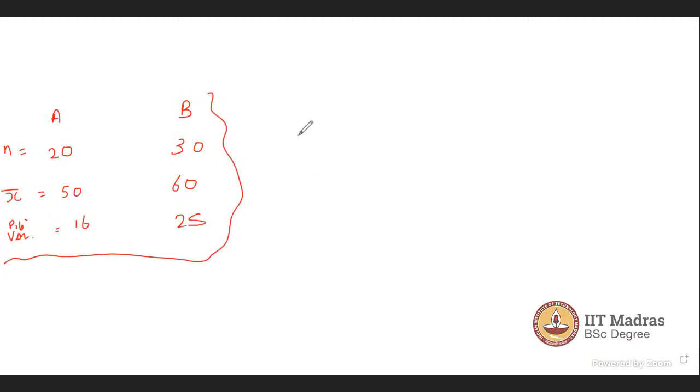Yes sir. So for A, my mean is 50. The formula will be total divided by the number of papers he checked, which is 20. So I got TA as 50 into 20, which is 1000. Correct.